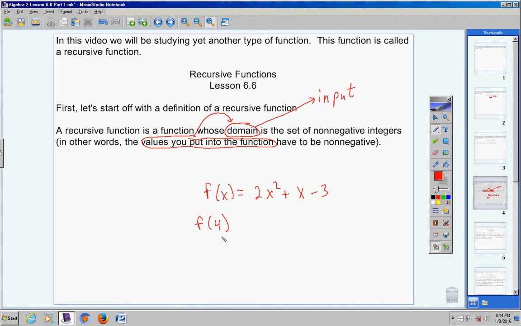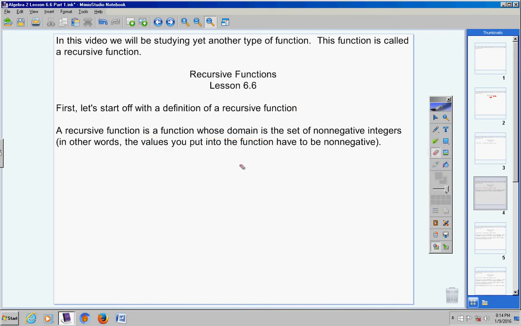What value am I putting into the function? 4, so that's my domain. Well, in order to have a recursive function, the values you put in must be non-negative, okay? So that's all that we're saying here. A recursive function is a function whose domain is the set of non-negative integers. In other words, the values you put into the function must be non-negative.